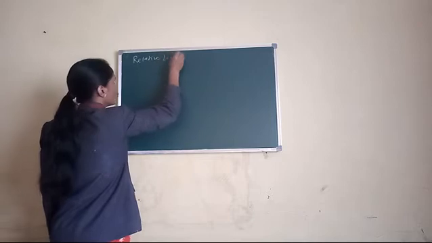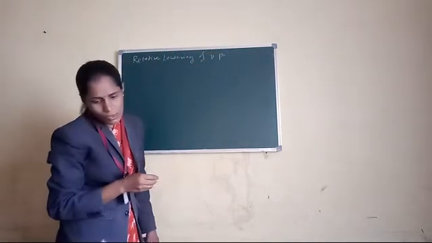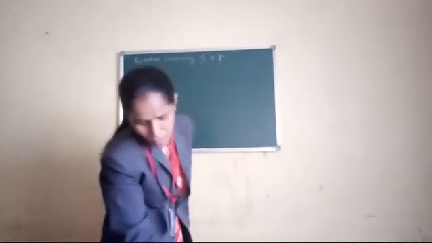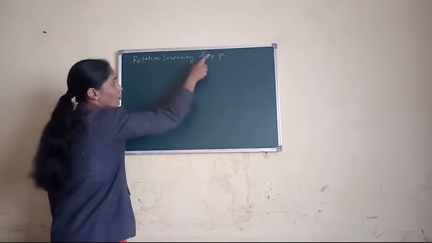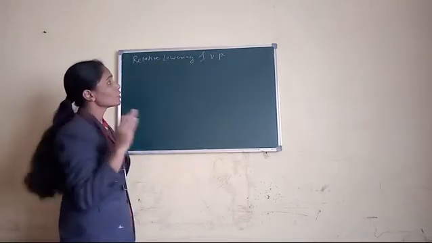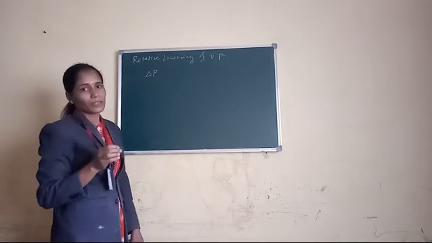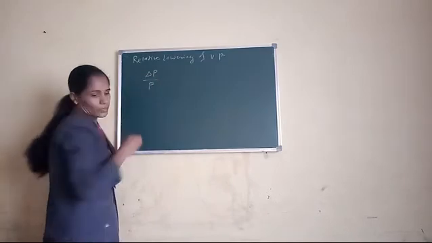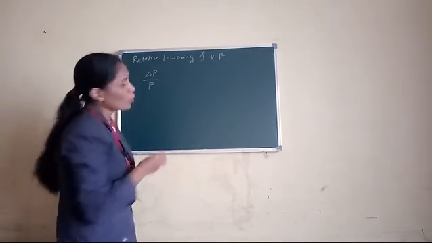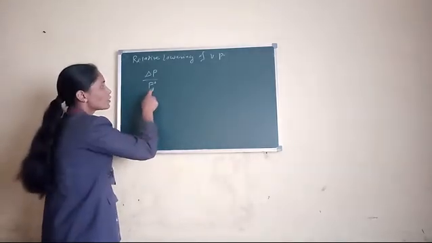Relative lowering of vapor pressure means the lowering of vapor pressure, delta P, divided by P1 naught, where P1 naught is the vapor pressure of the pure solvent.